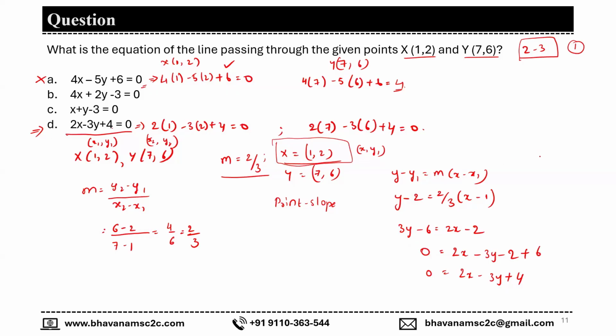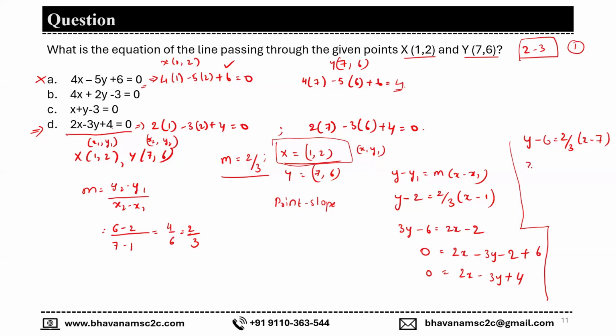Similarly, in place of (1, 2), if you take (7, 6), it should be the same answer. Am I correct? Yeah. So shall we try that? It's going to be y minus your y1, which is 6, equal to the slope 2 by 3 into x minus x1, which is 7.